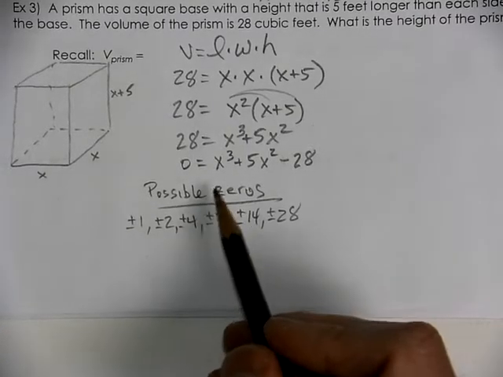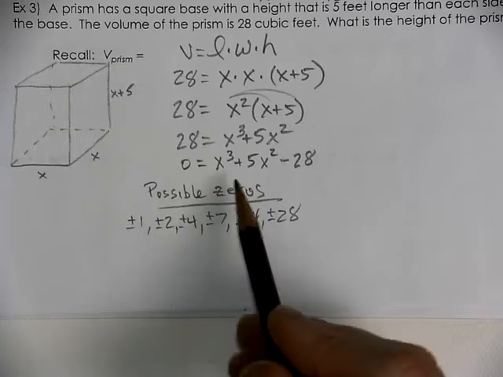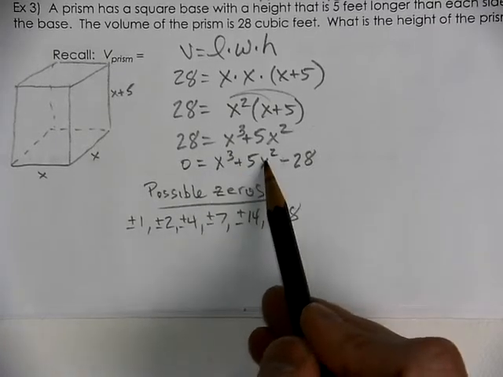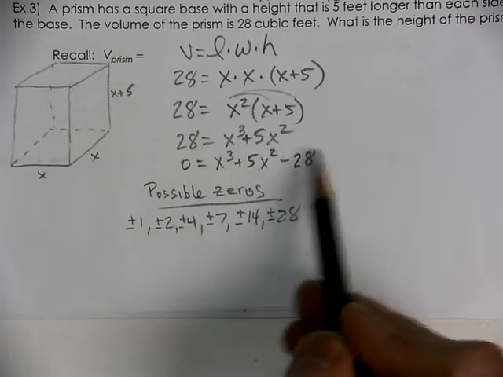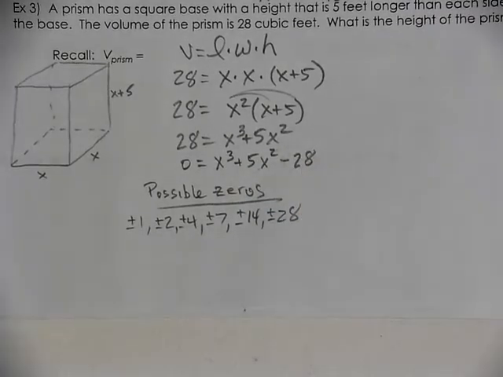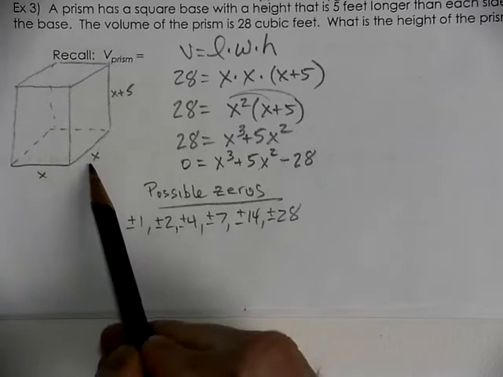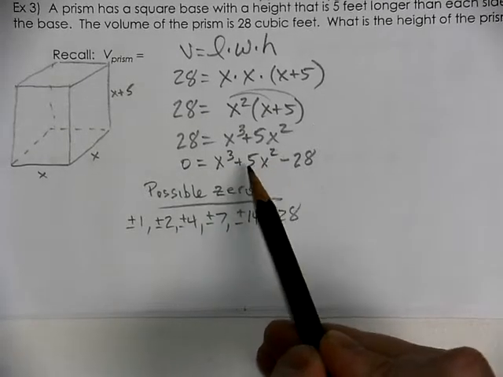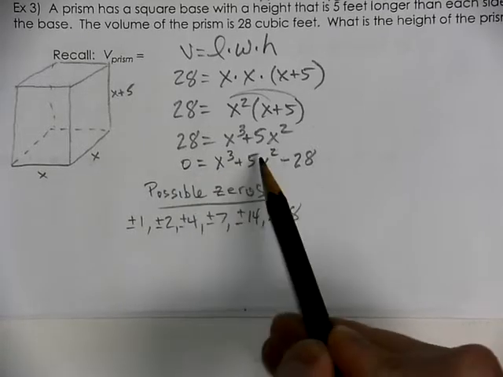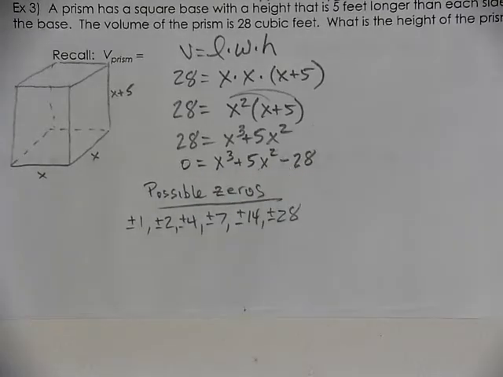You could try 1, but you're going to find out that 1 cubed and 1 times 5, that's a total of 6. That's nowhere close to 28. So 1 doesn't work. No need to use a negative because negatives can't be dimensions of your box. 2 would be 8, and 4 times 5, that's 20, and 8, and 20 is 28. 2 looks like it's kind of working.